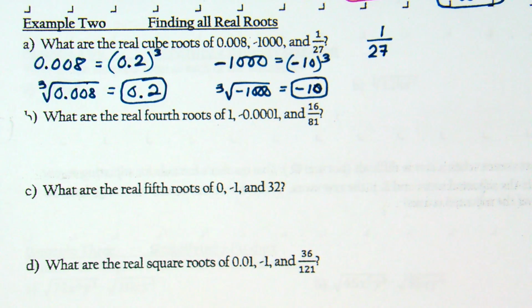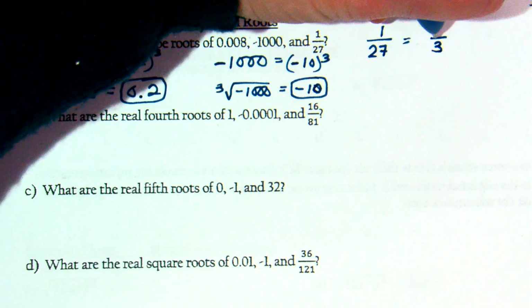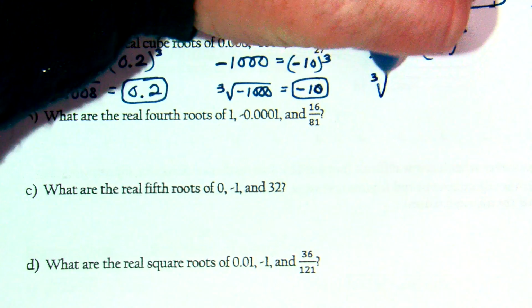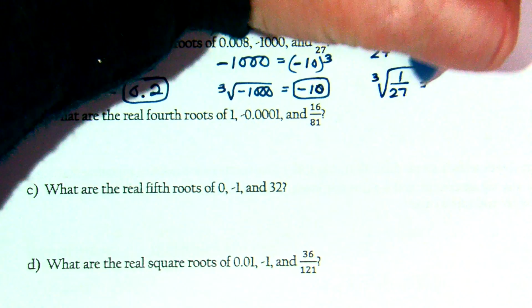So 3 in the denominator. What's the cube root of 1? Cube root of 1 is 1. So what's the cube root of 1 over 27? 1 over 3, right? In other words, think in terms of a separate numerator and denominator.